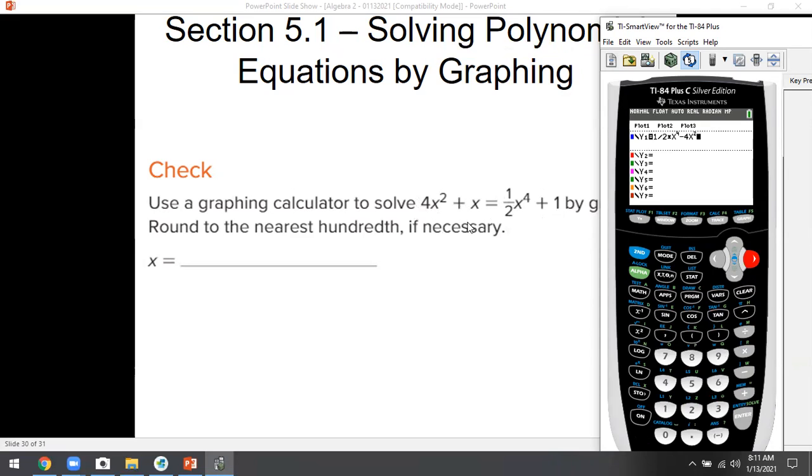I'm also going to subtract this positive x over and make it a minus x on this side. And what was already originally on the right side was a 1, so it's still a 1. And just look at it real quick. Does that make sense? Yeah, it's the exact same thing as it was originally, just with a negative 4x squared and minus x on it. And then once you got that, go ahead and graph it, zoom 6 or whatever you want to do.